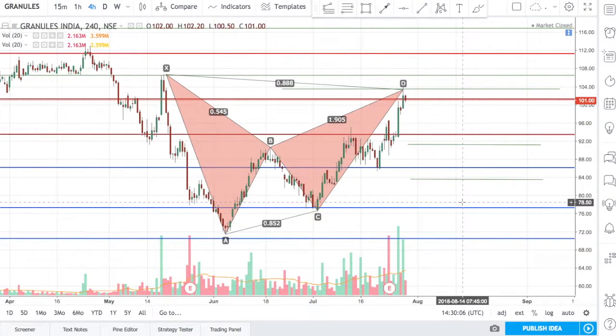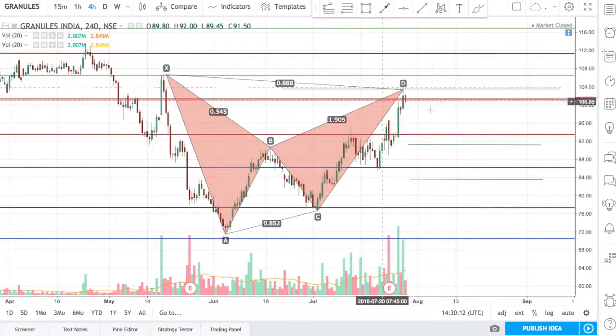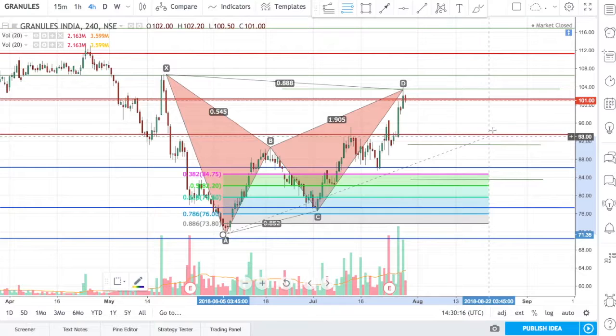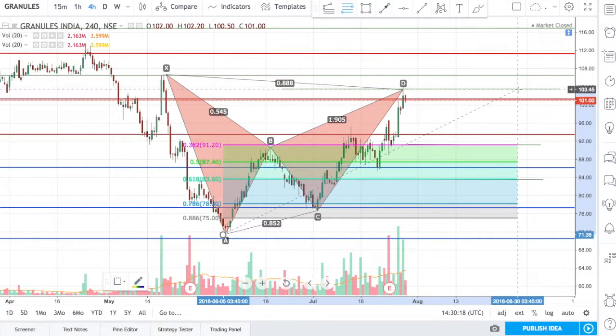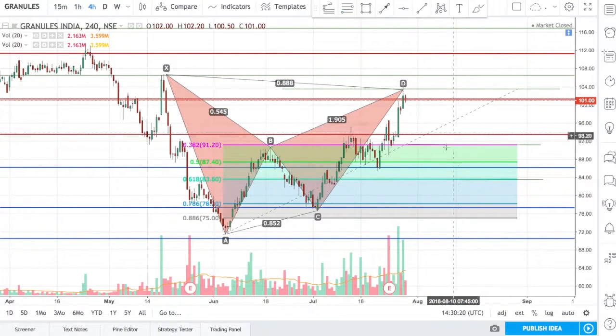Remember, we picked targets by making the retracement from A to B. From A to B gives us 0.382 as our first target and 0.618 as our second target.